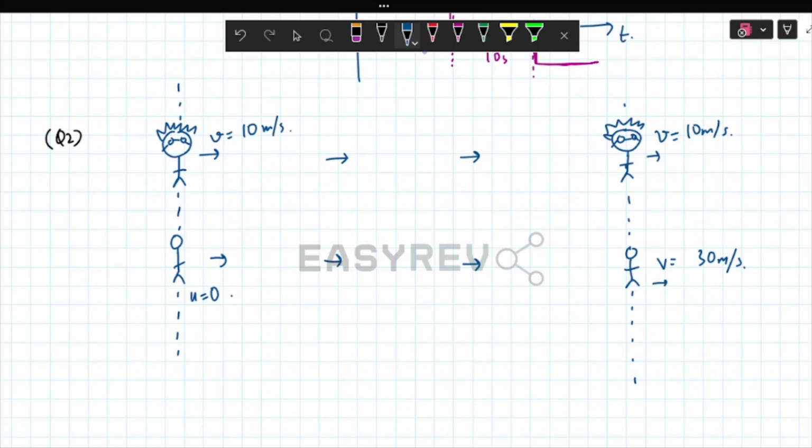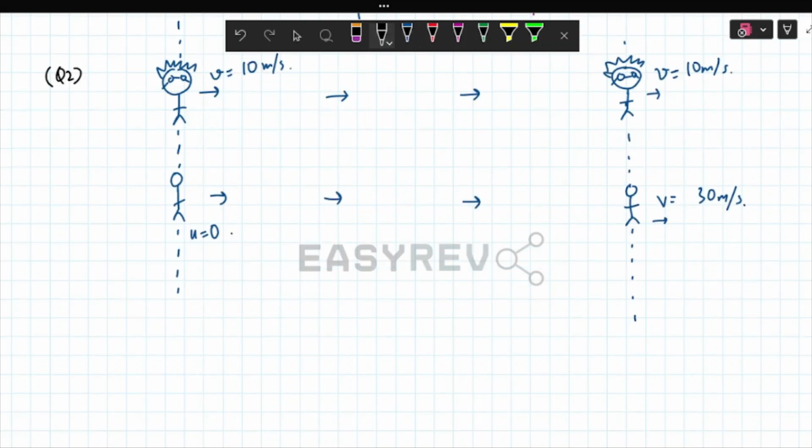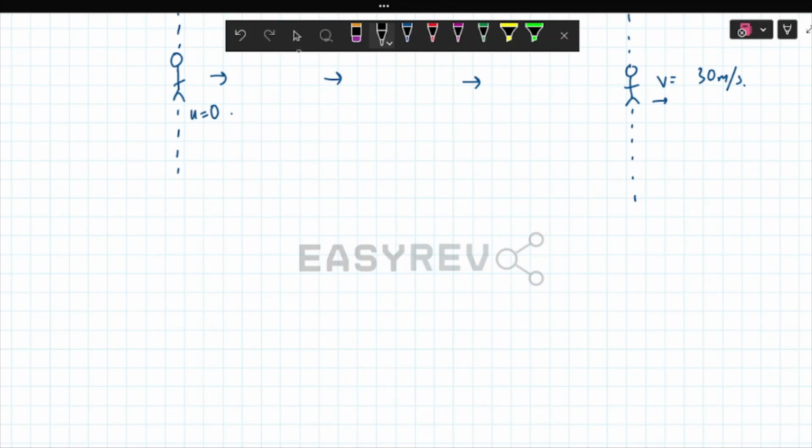Now we wish to show this kind of overtaking of one another graphically, both on a distance time and a velocity time graph. So let's first draw that distance, or more specifically displacement time graph first.